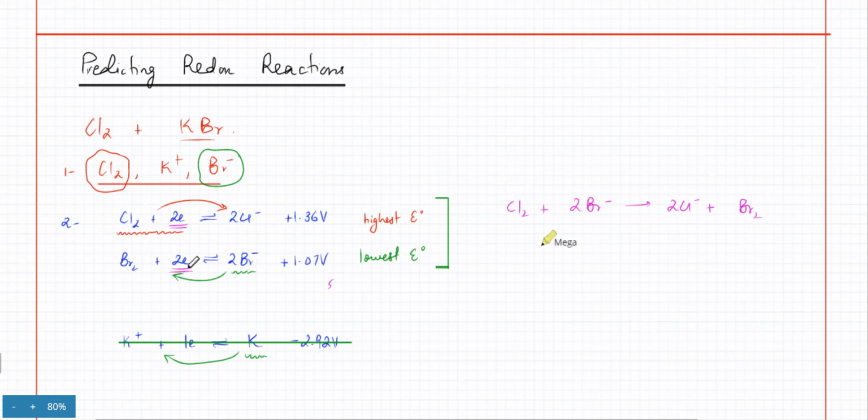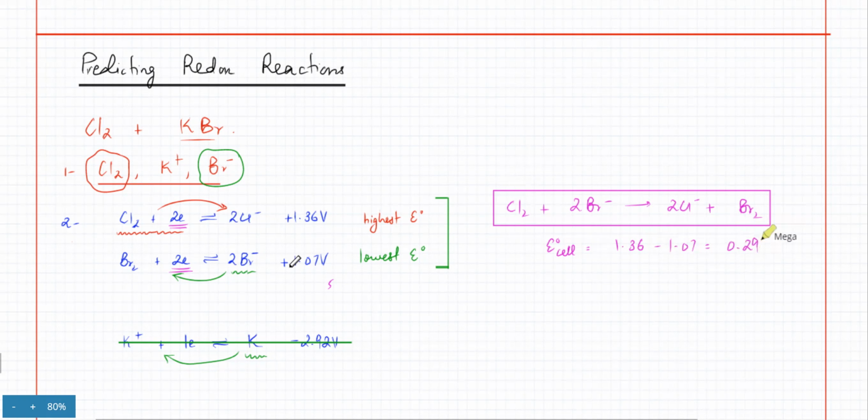So this is going to be my overall reaction, and I'll be asked to write the E naught cell, which is the potential difference between the two, highest potential minus lower potential. So it's 1.36 volts minus 1.07 volts, which comes out to be 0.29 volts, which is not very high, which indicates that the reaction would happen, but very slowly, because the potential difference is not that large.